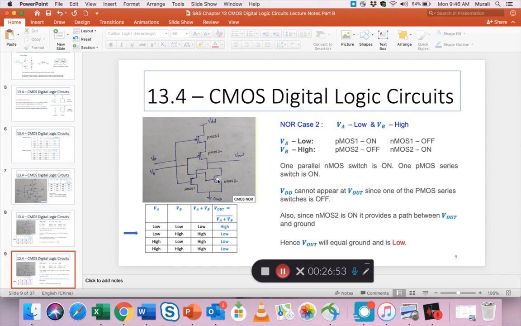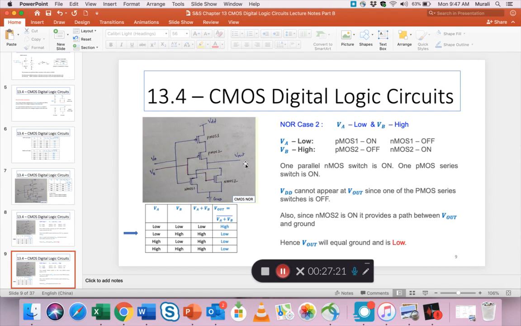But we also want to make sure that it truly is at ground and not floating in some middle voltage, right? It would be perfect if we can also prove that ground has come up here. Then we can say, yes, Vout is low. So how do we ensure that? Because this is parallel, if at least one of these two switches is on, then this ground connects to Vout.